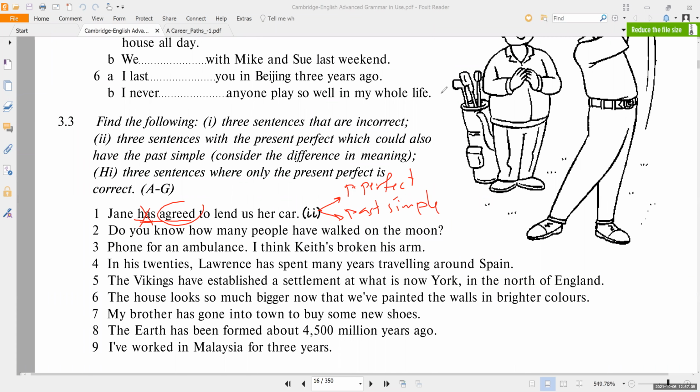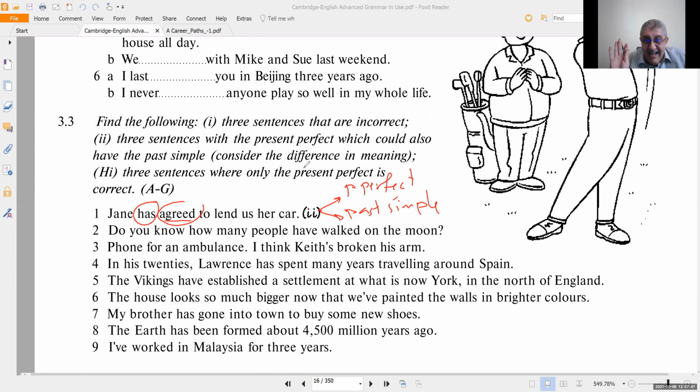If I say Jane has agreed, meaning present perfect, she has just given her approval to lend us her car. But we can also say Jane agreed to lend us her car, which means she agreed in the past and that's it.